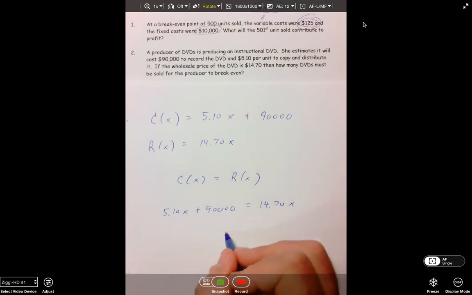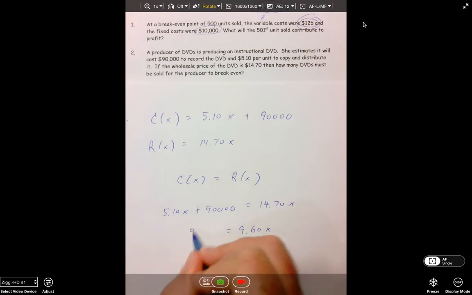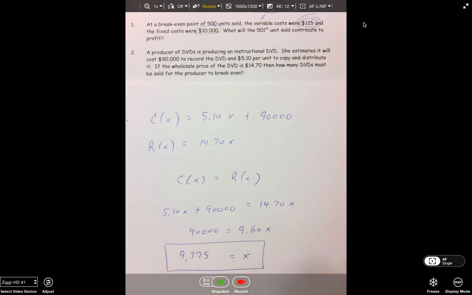So subtract 5.10x from both sides. Divide both sides by $9.60. And we get 9,375 units. So they're going to have to produce a whole lot of DVDs to be able to break even.